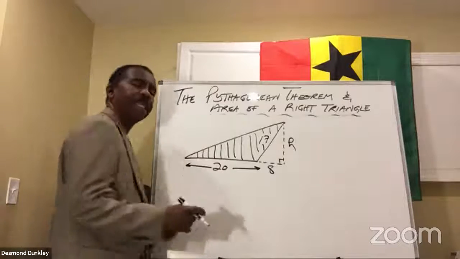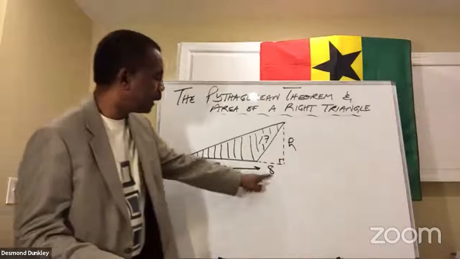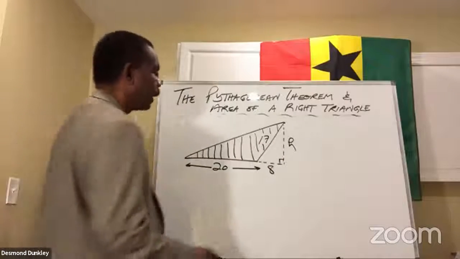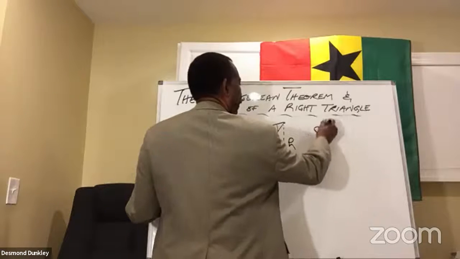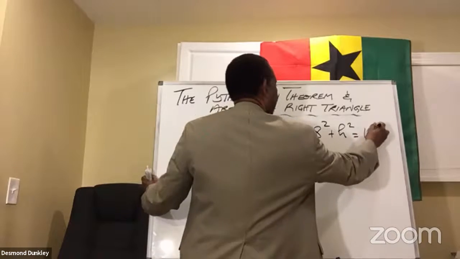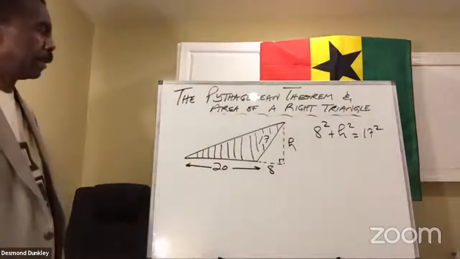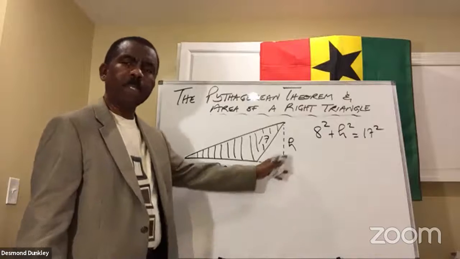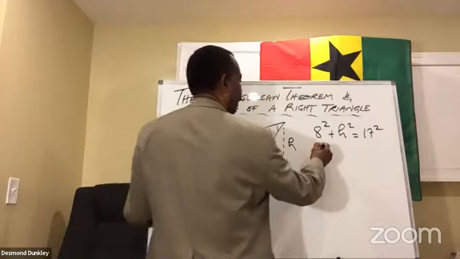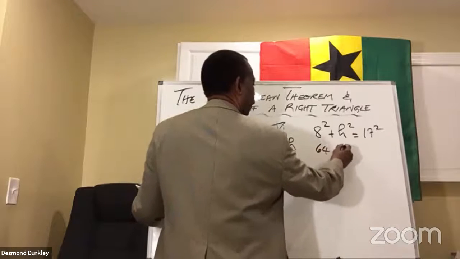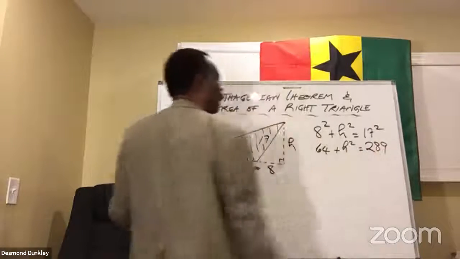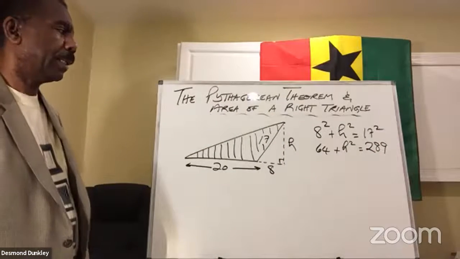So we just did the Pythagorean theorem. If this is 8 and this is 17, we can find h. So let's set it up. 8 squared plus h squared is equal to 17 squared. Leg squared plus leg squared, hypotenuse squared. So what is 8 squared? 8 squared is 64 plus h squared is equal to 289. 17 squared is 289.